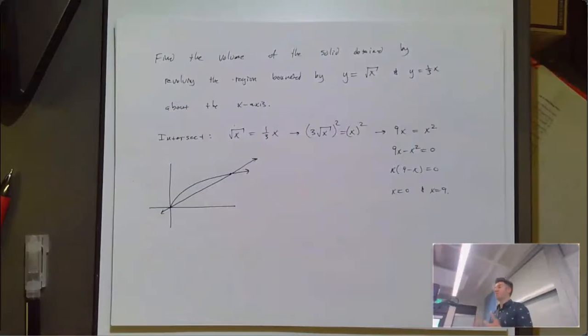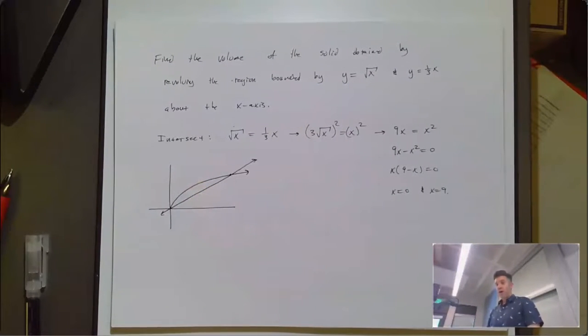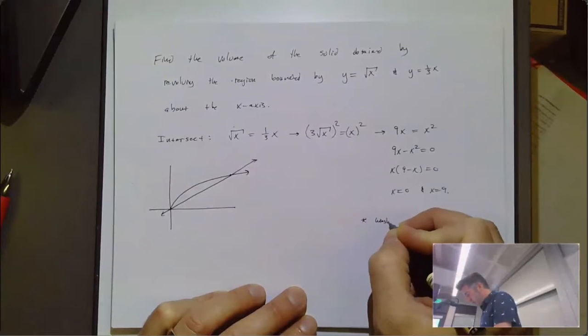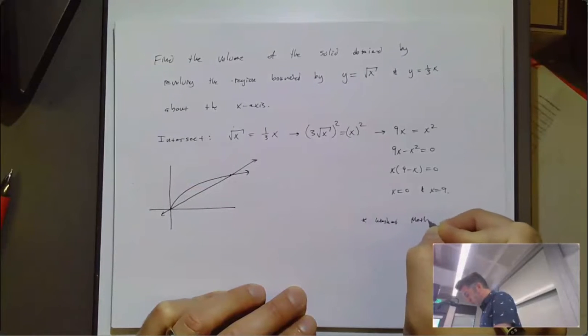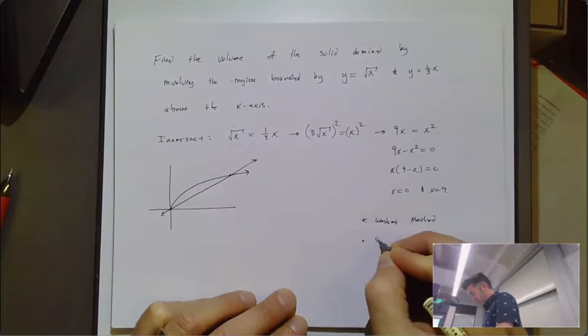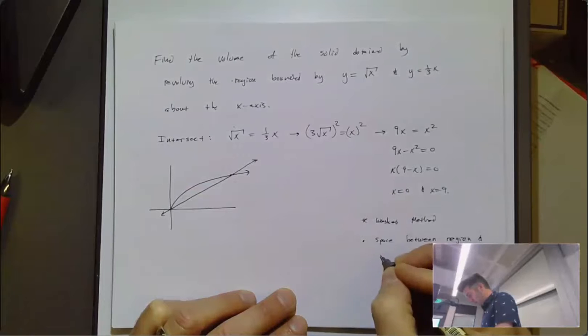So here's how you know something is the washer method versus the disk method. It's the washer method if there's space between your region and the axis of rotation. Actually, I should write this down because it's important. Washer method, how do we know? One way of knowing when you draw the picture is there is space between the region that you're revolving and the axis of rotation.